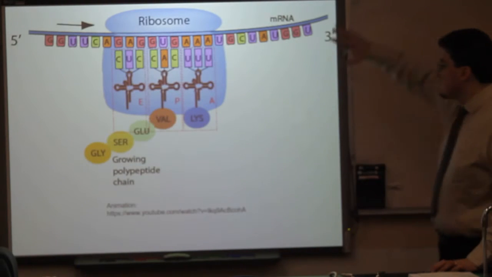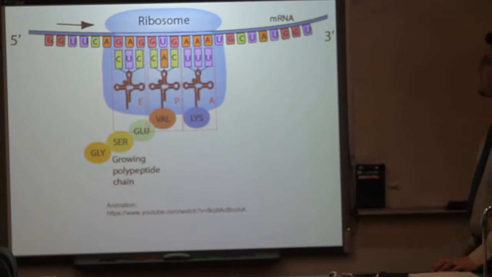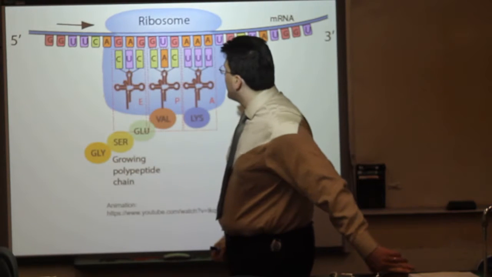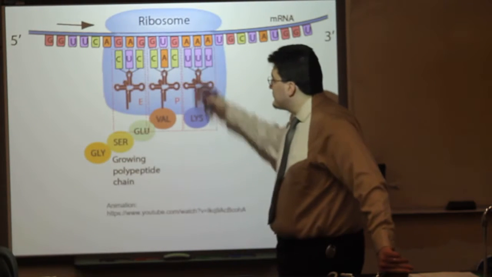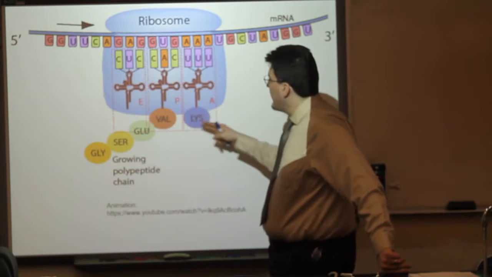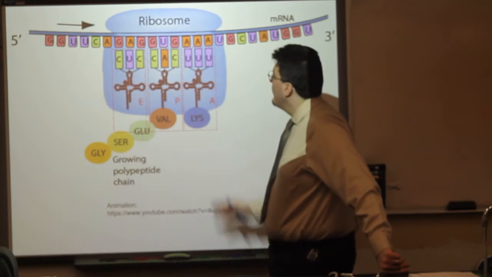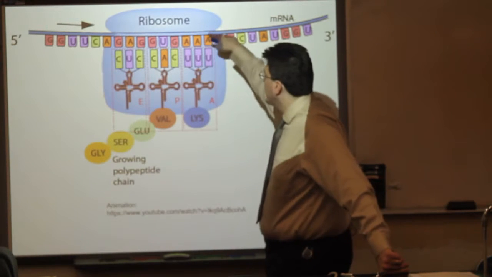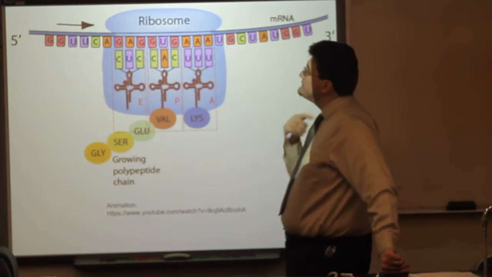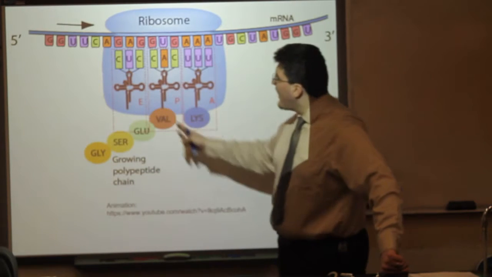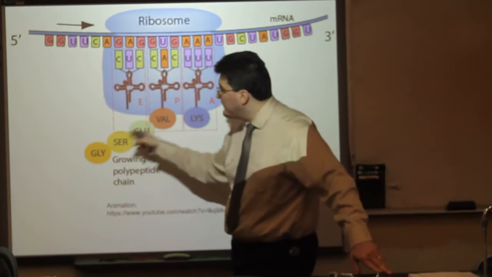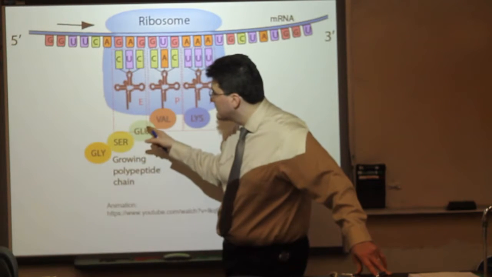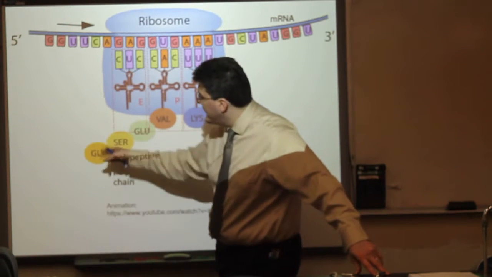So, this is the overall picture of what's going on. mRNA clamped between the small and large ribosomal subunit, the acceptor site of our tRNA carrying lysine over here, U to AAA. These are complementary, antiparallel, double stranding. We have our peptide site with our growing peptide chain: valine, glutamate, glutamic acid, serine, and glycine.